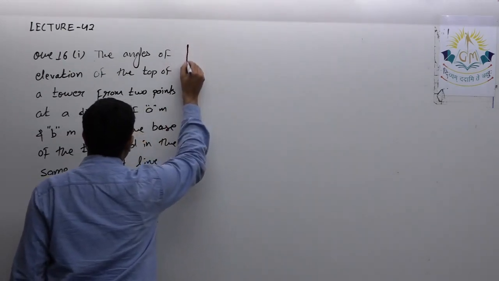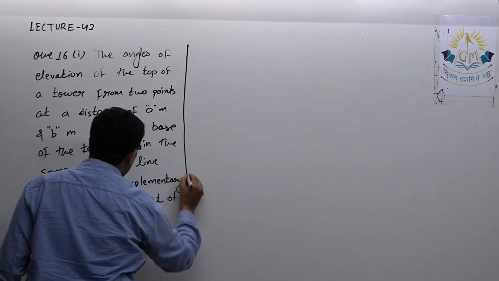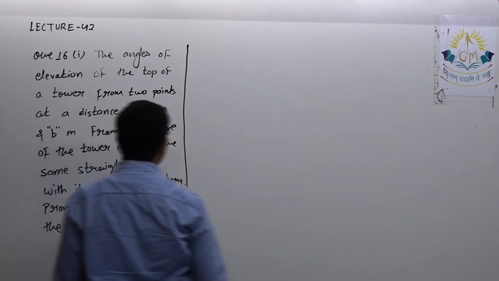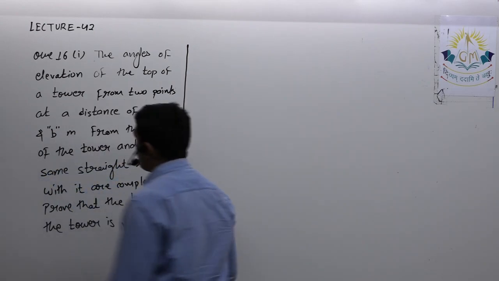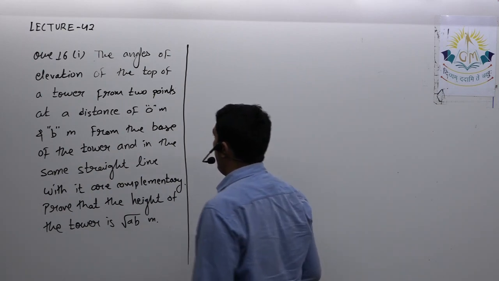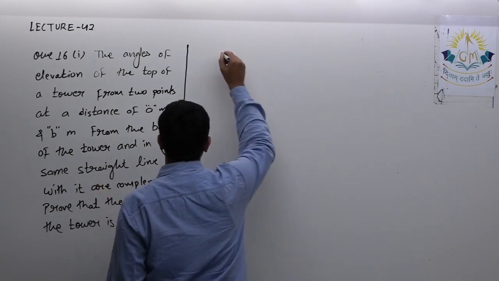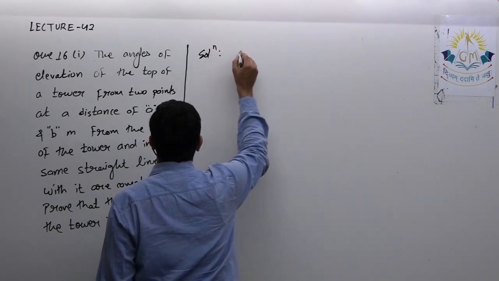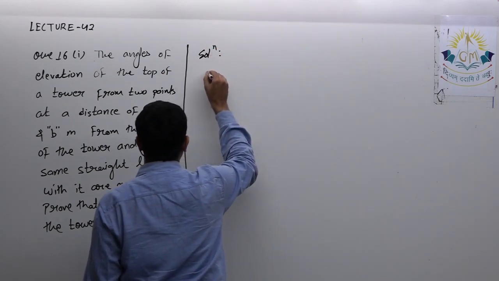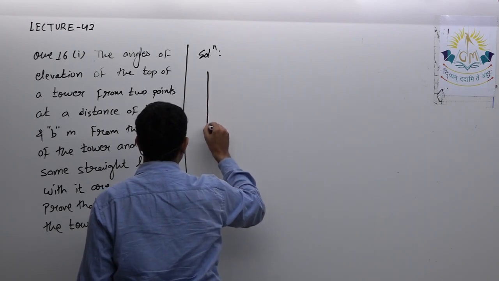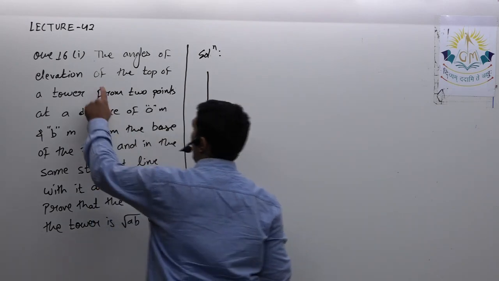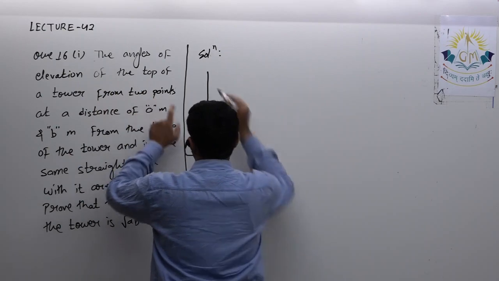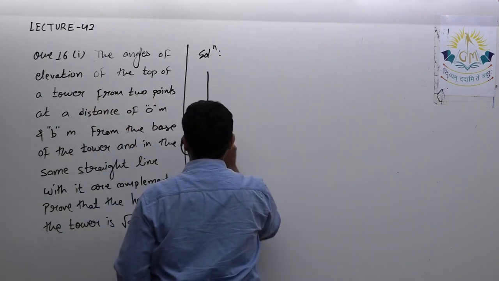You have to also remember this because sometimes they do ask this question directly in the MCQ. So the question says the angle of elevation of the top of the tower. First of all, we'll draw the diagram. Let this be the tower. Now the angle of elevation of the top of this tower from 2 points.